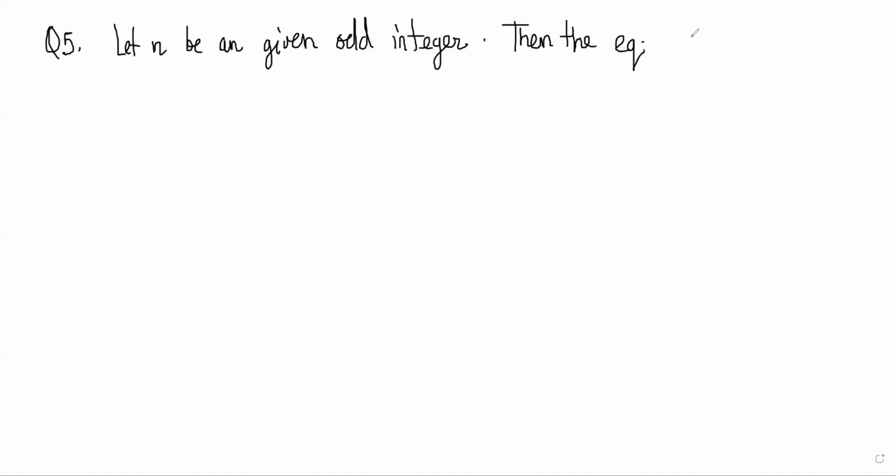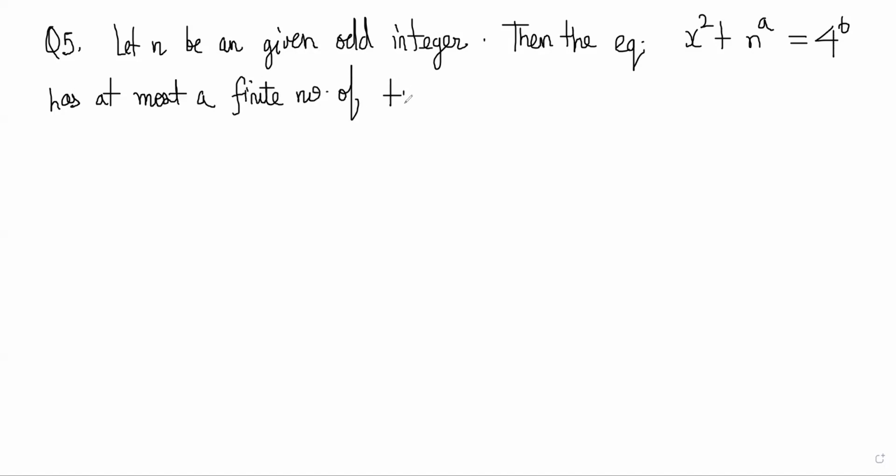Let n be a given odd integer, then the equation x square plus n power a is equal to 4 power b has at most a finite number of positive integer solutions a, b, and x.